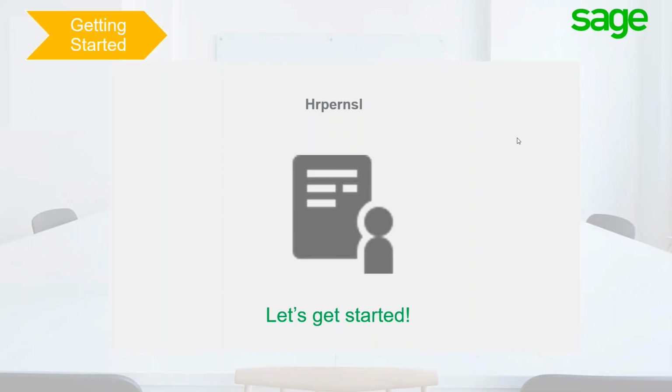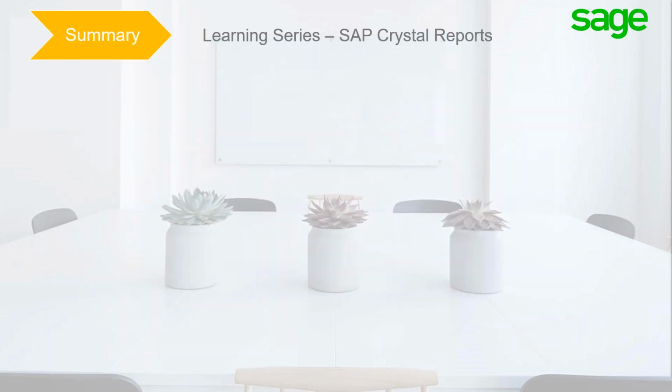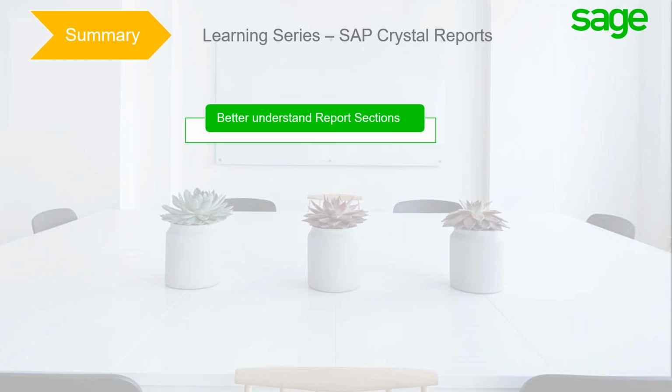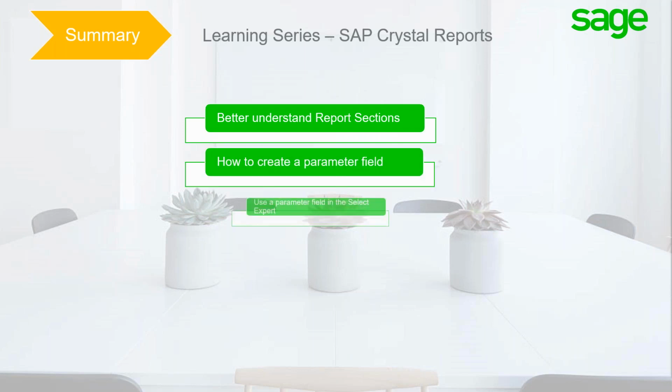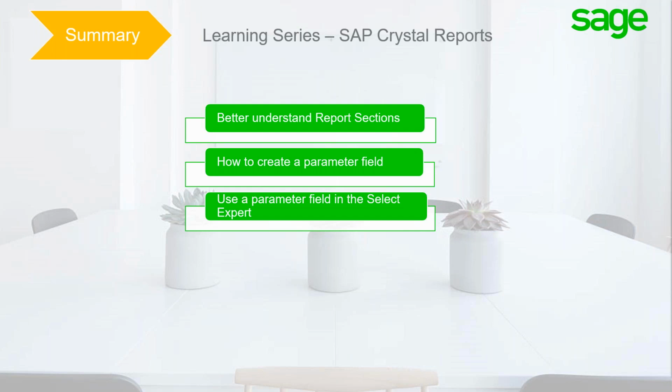And let's go back to the presentation. So in summary, we've seen how each report section behaves. We've created a parameter field, and we've used it in the Select Expert to prompt the user to enter information that further filters the report.